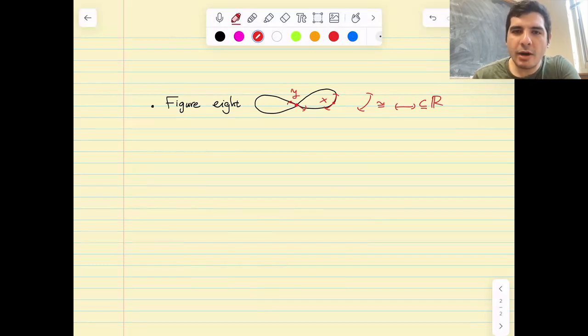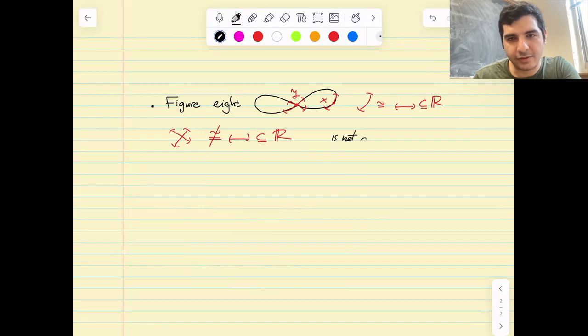But if you pick y to be this intersection point, the small neighborhood around y looks like this cross. It's like a union of two intervals. And this is not similar to an interval inside R, right? That's why we say figure 8 is not a manifold, or smooth manifold. In fact, this point y is a singular point.